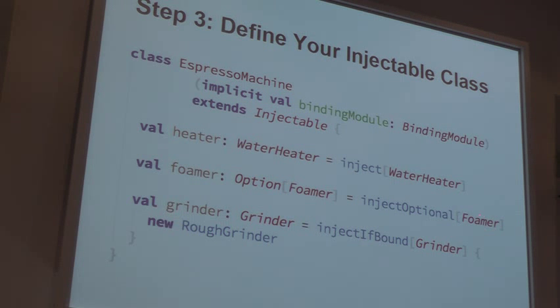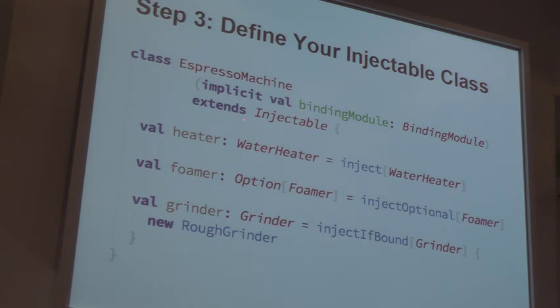So if there is none defined in our binding module, it will return None, but it will not throw an exception. And the last one is inject if bound. It will either return the implementation given from the binding module, or it will use a default given here. So you don't have to have a binding in your module for grinder. You can use this one default.